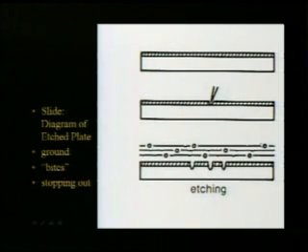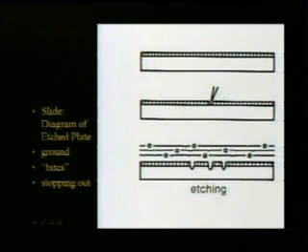And you can vary the depth, and therefore how dark the lines are going to be, by what's called stopping out. Maybe, let's say, this line right here. The artist would decide that's as deep as he wants the line to be, because he knows exactly how dark he wants that line to be. So he would pull this plate out of the acid.